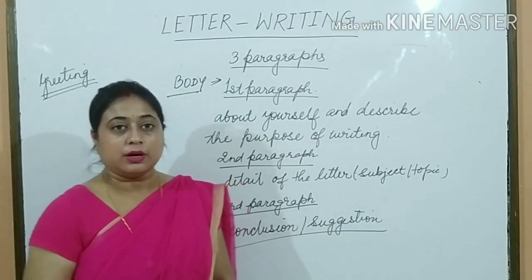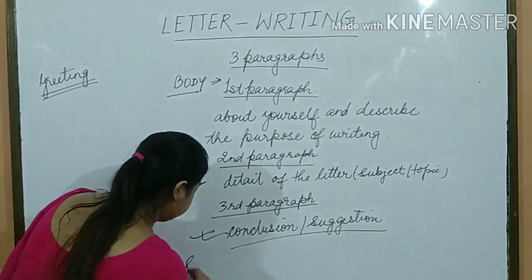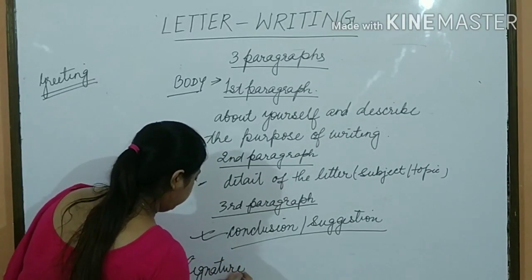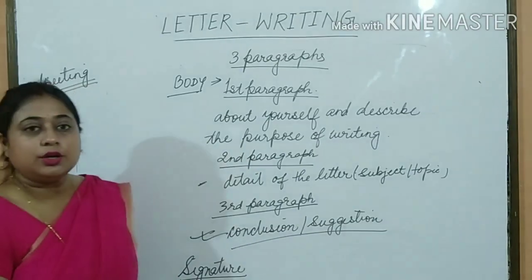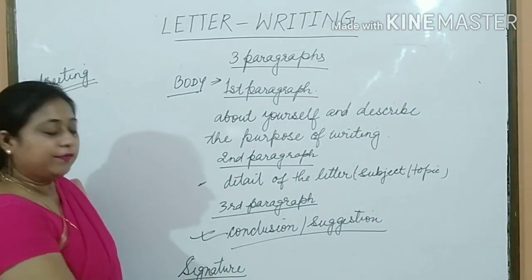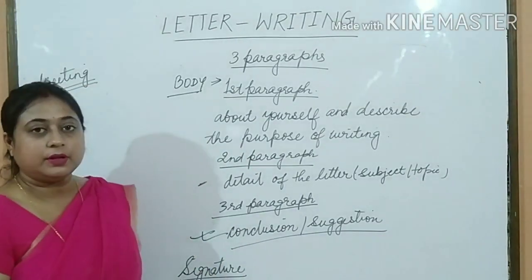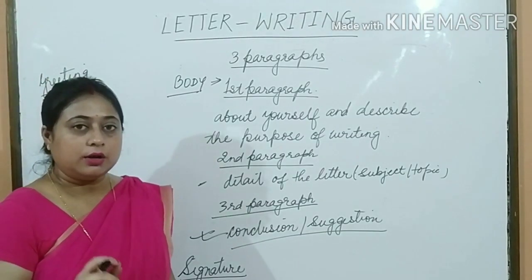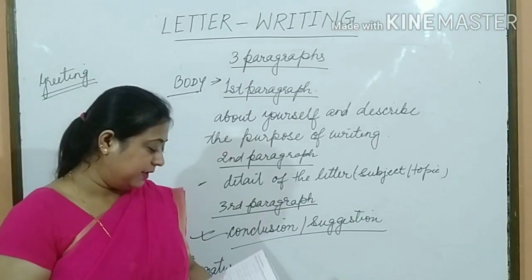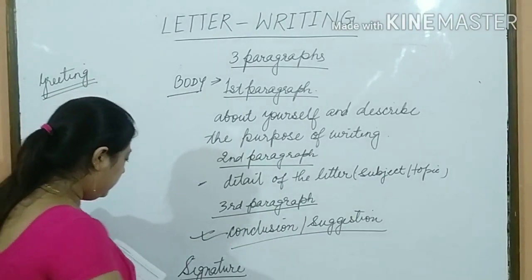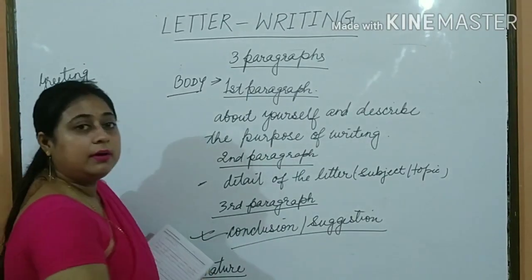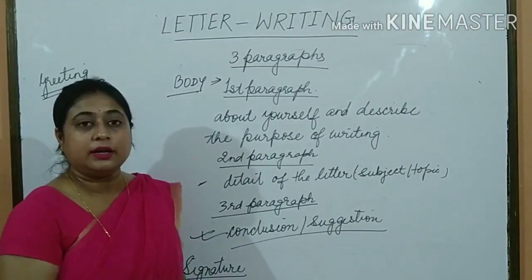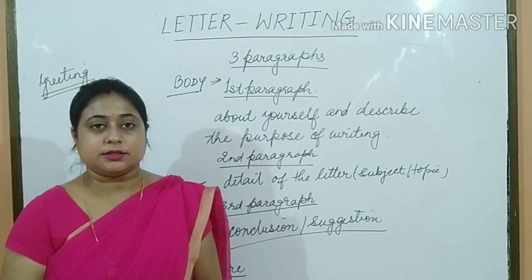After that, you have to put your signature, and remember that you should always give a full signature in your letter. The signature should be followed by your full name below it.